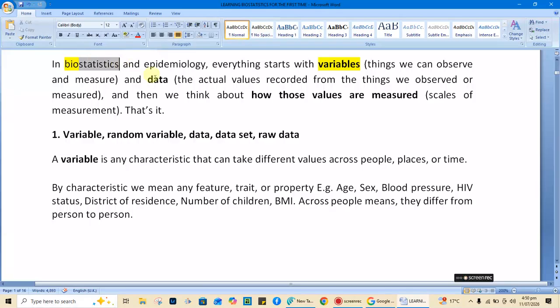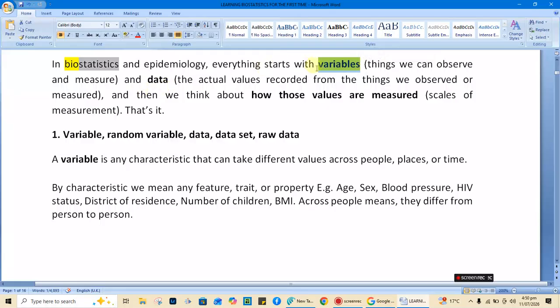In biostatistics, the very first thing that we have to start with is the variable. Variables are simply things that we want to measure or record, the things that are going to help us arrive at the data that we want.